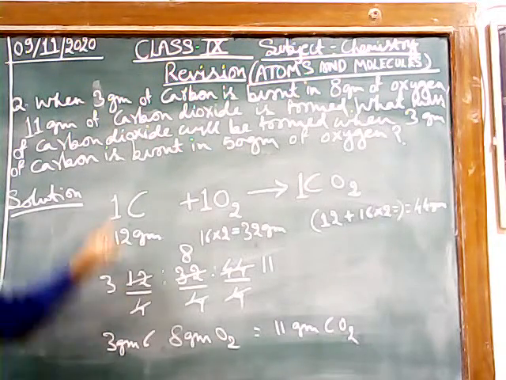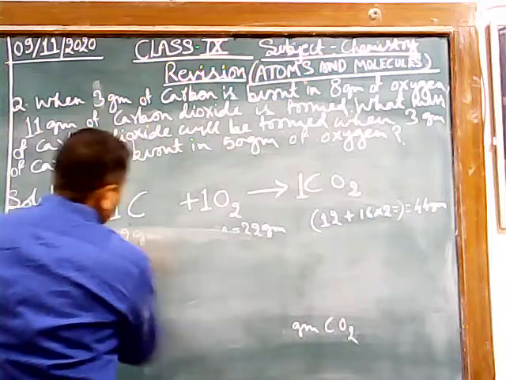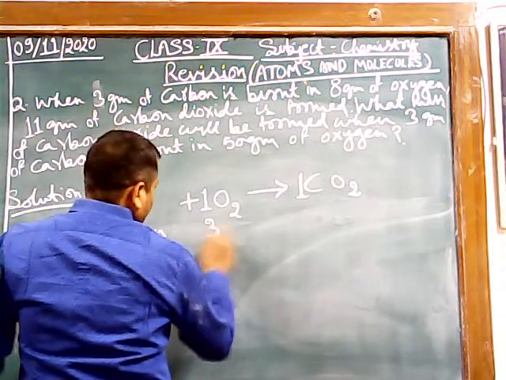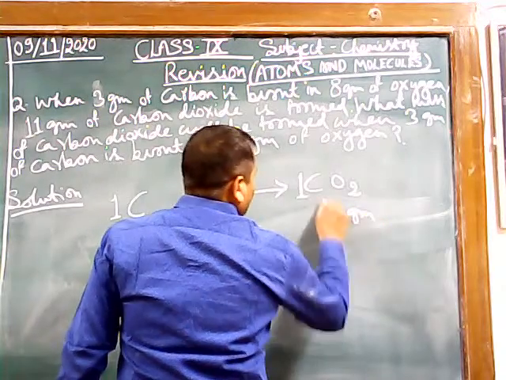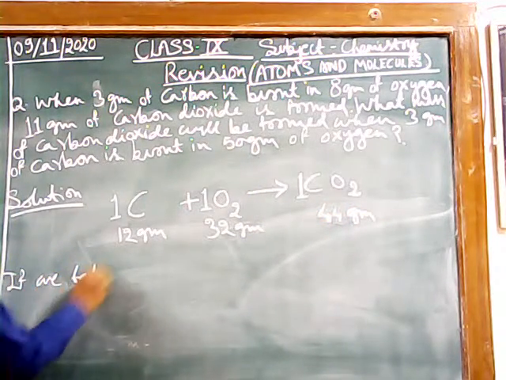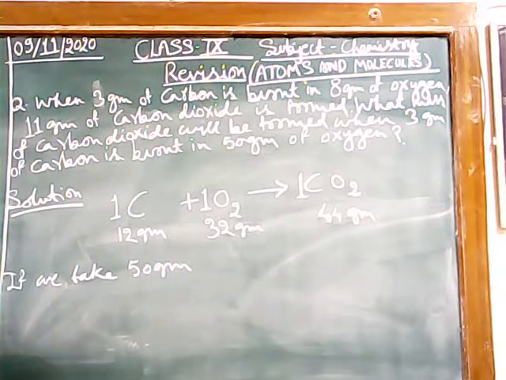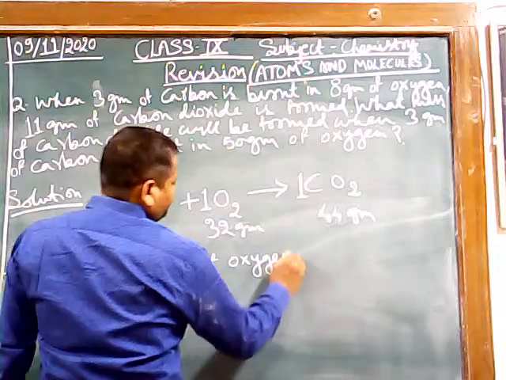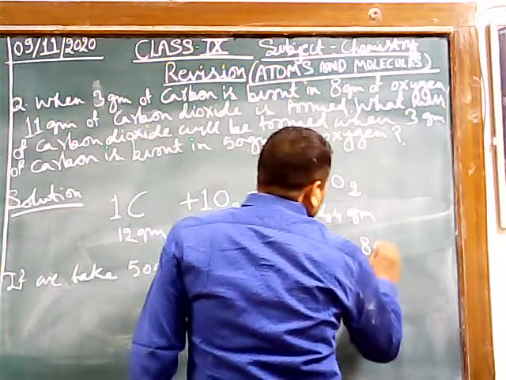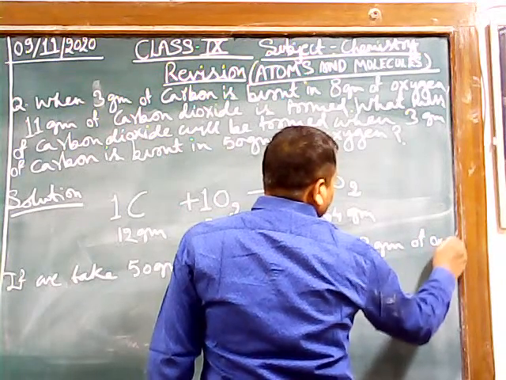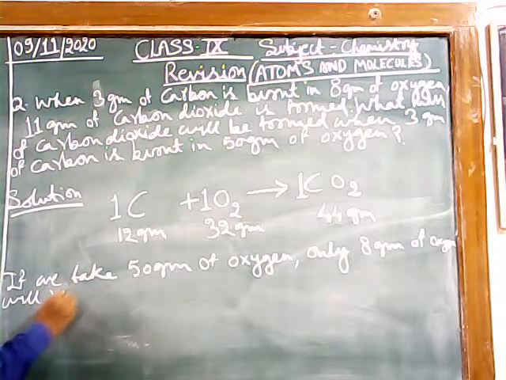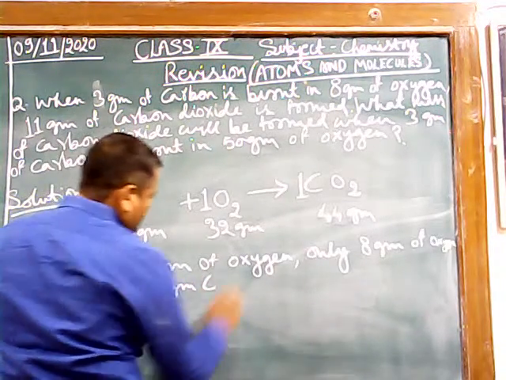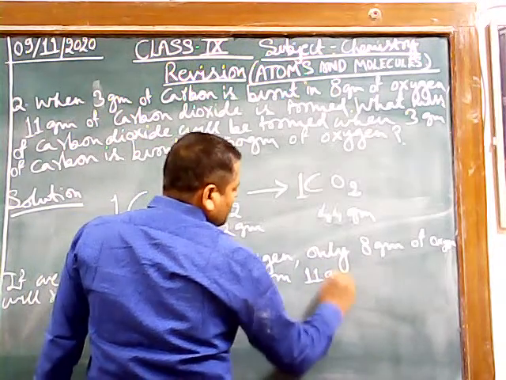So, children, if we take 50 grams of oxygen, only 8 grams of oxygen will react with 3 grams of carbon to form 11 grams of carbon dioxide.